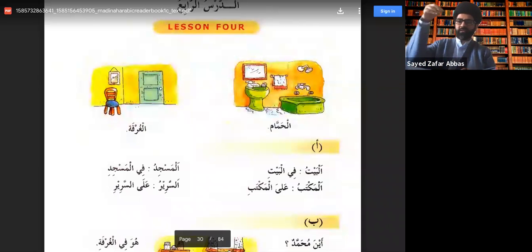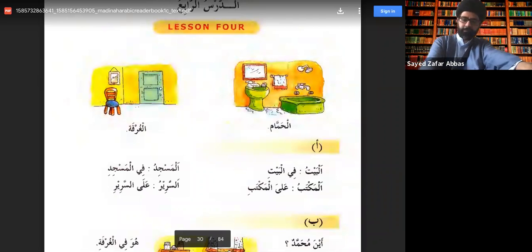So such and such thing is inside this thing, such and such thing is on top of this thing, and so on and so forth. So this is what we're being introduced to in this lesson. They are called harf. The plural is huruf. We're being introduced to a couple of them in the Arabic language today. So that's one thing that we're being introduced to.